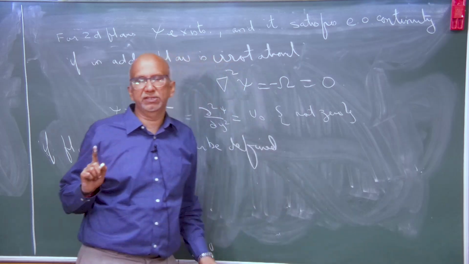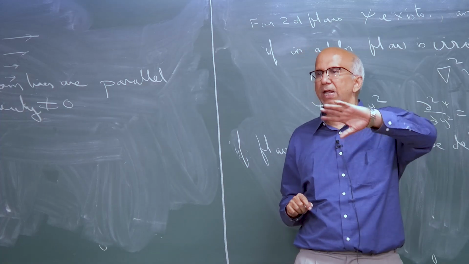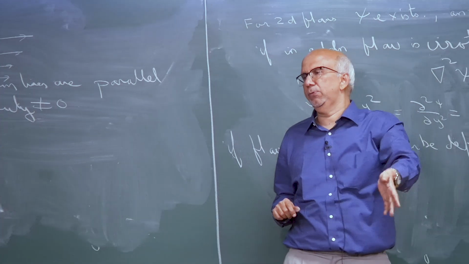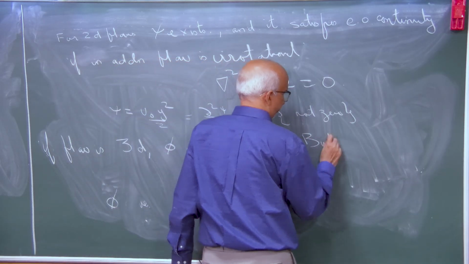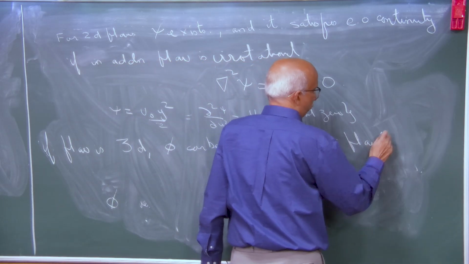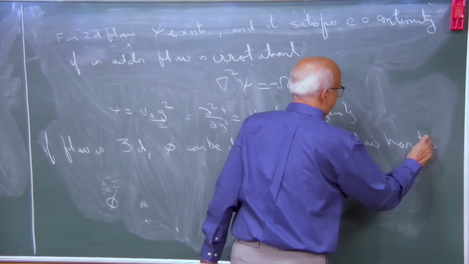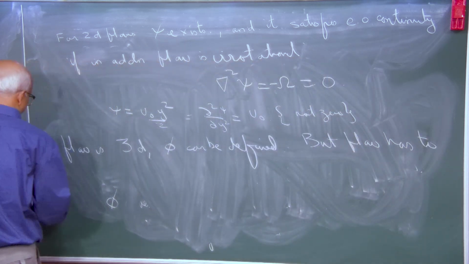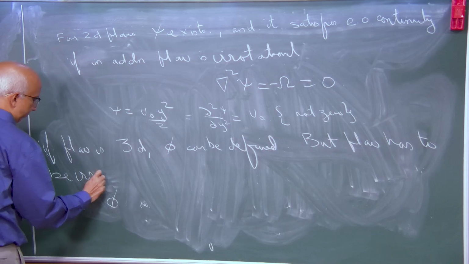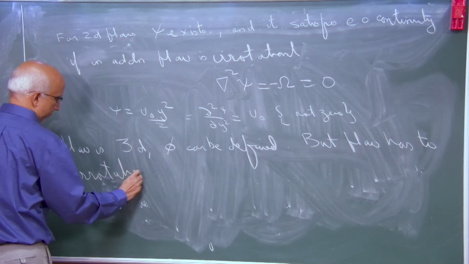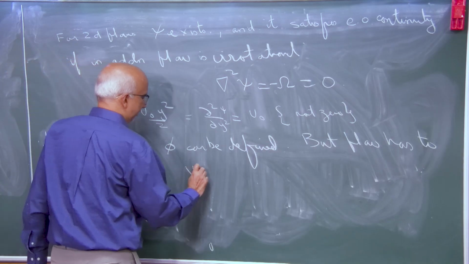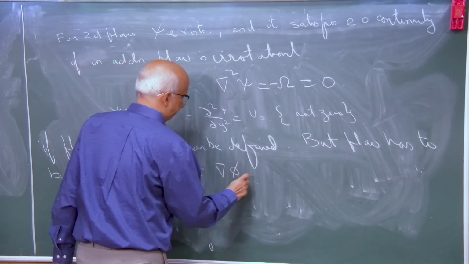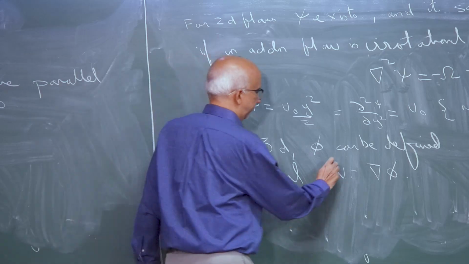So, that is the difference, psi is only for 2D, phi can be for 3D, but again the flow has to be irrotational. So, basically what this means is V is equal to gradient of phi. Okay, this is a vector.